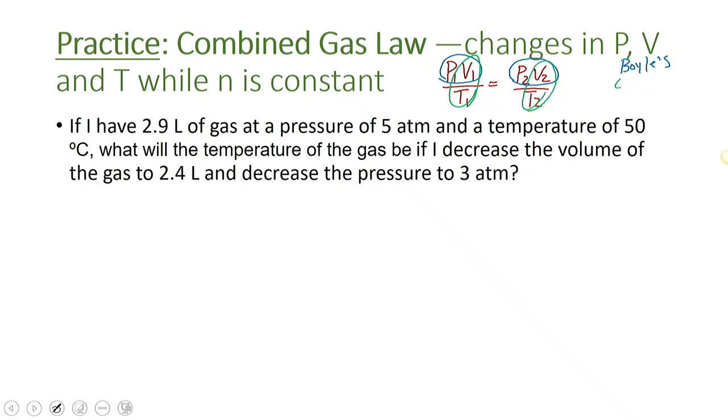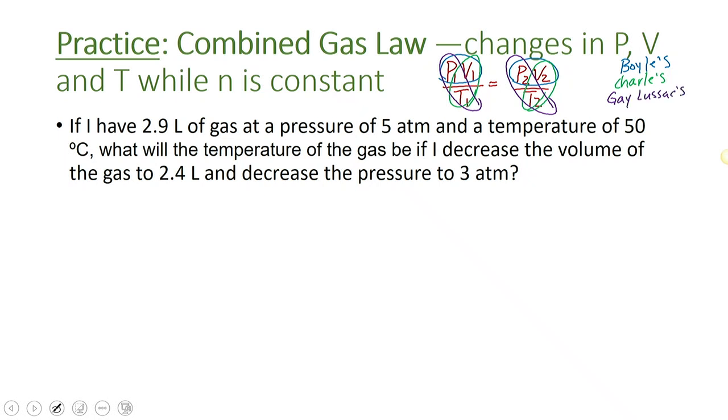Now that's Charles's law. And last, we've got, let's go to purple, P1 over T1 is equal to P2 over T2, and that's Gay-Lussac's law.